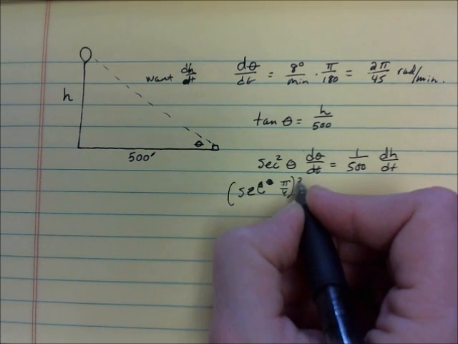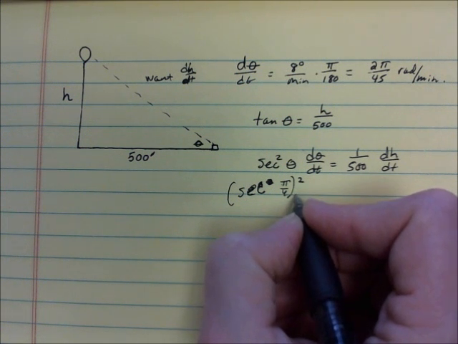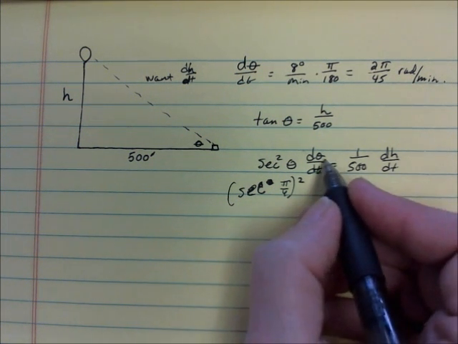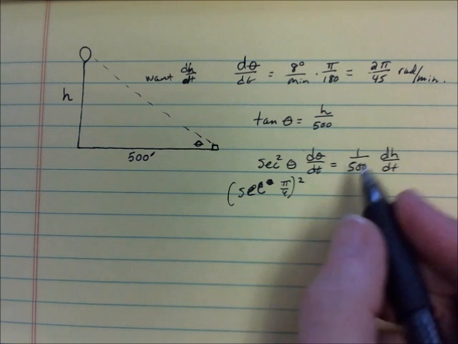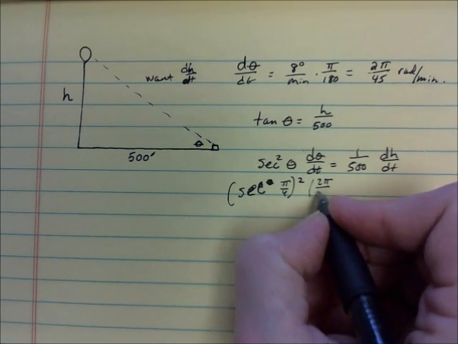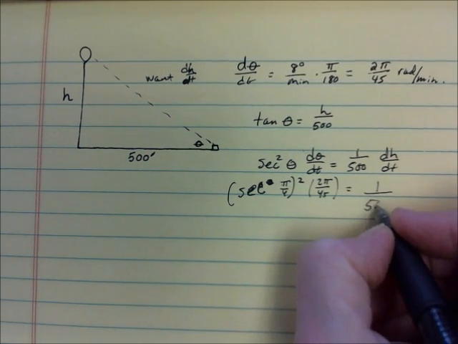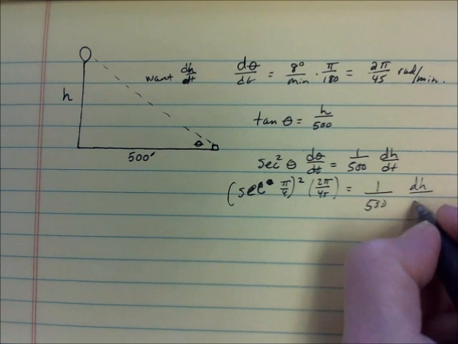I think I'll put the squared on the outside because we're actually going to take the secant of pi over 4 and square that. D theta dt we found up here, so we can just replace that with 2 pi over 45 is equal to 1 over 500, and what we want is dh dt.